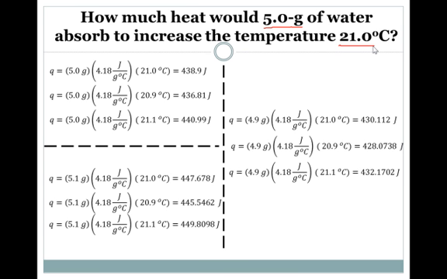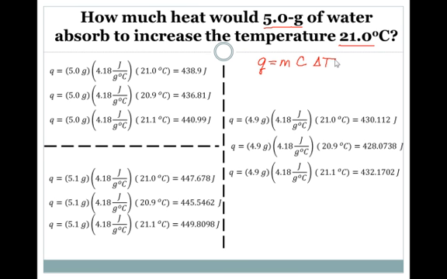Now, taking a look at solving this problem, we use the formula Q equals mc delta T. M stands for the mass in grams, C is the specific heat constant, and change in T is the change in temperature in Celsius.